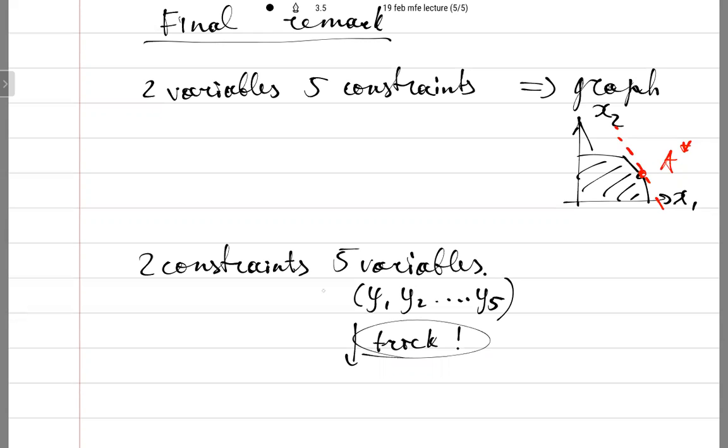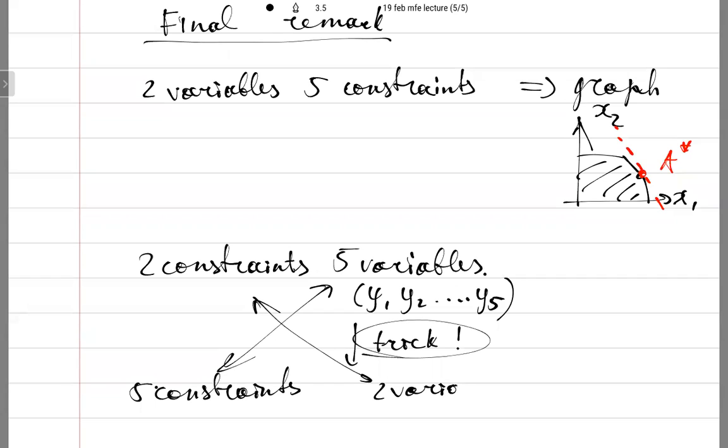We will transform it into 5 constraints and 2 variables. So now we have a trick that allows us to go from 2 constraints and 5 variables to 5 constraints and 2 variables.